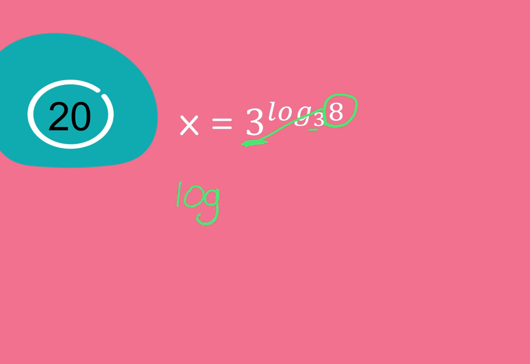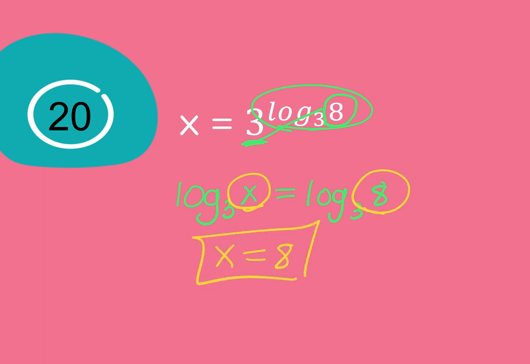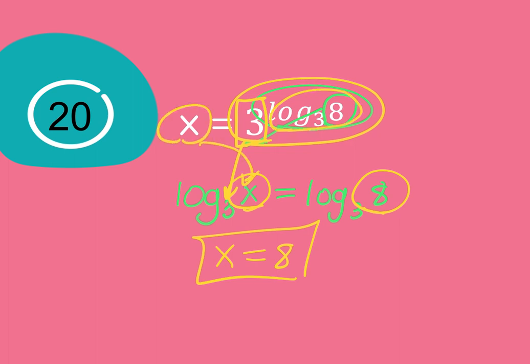So log base 3 of x equals what's left in the exponent, log base 3 of 8. And then the one-to-one property says x equals 8. So this is technically exponential, even though that exponent has a log in it. The big number becomes the base on the log, and then you separate it out. What it's equal to goes next to it, and what it's next to goes to the other side.